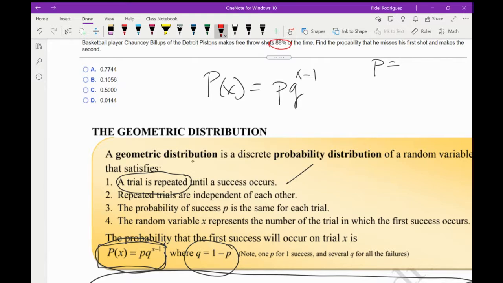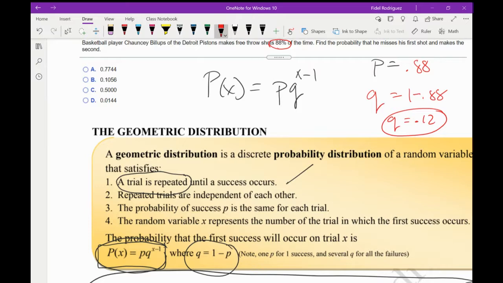This basketball player makes free throws 88% of the time, so the probability that he makes it is 88, or 0.88. The probability that he misses it is 1 minus 0.88, which is 0.12.